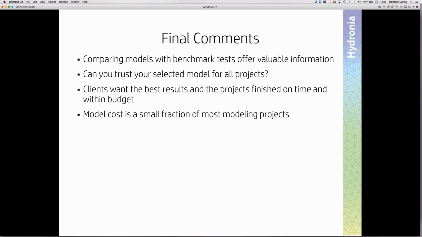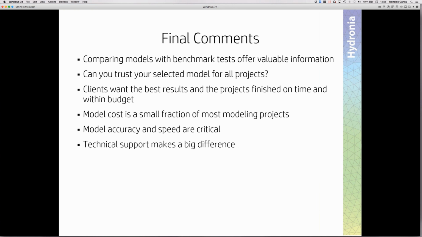And in this regard, the model cost becomes a small fraction for most modeling projects. As I said, the model accuracy and speed are critical to reduce the time you spend doing the model. And technical support makes a big difference.